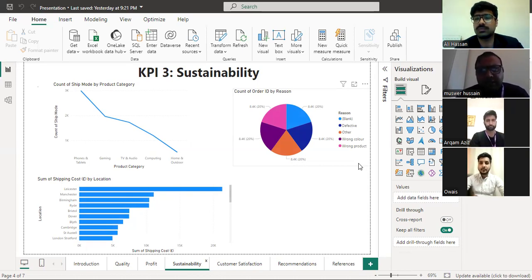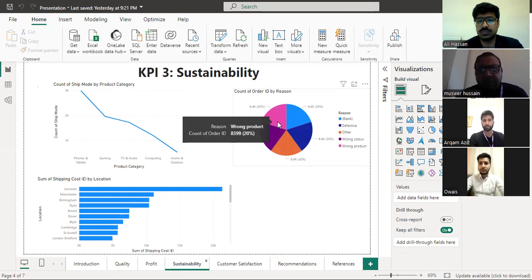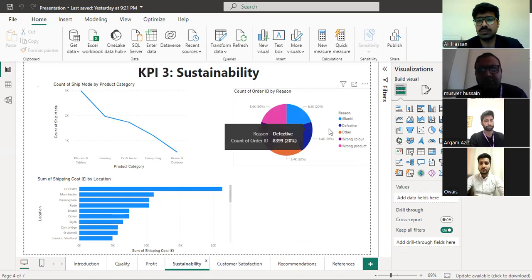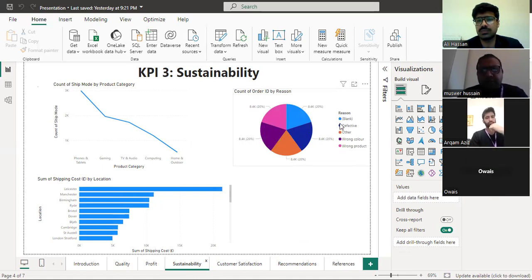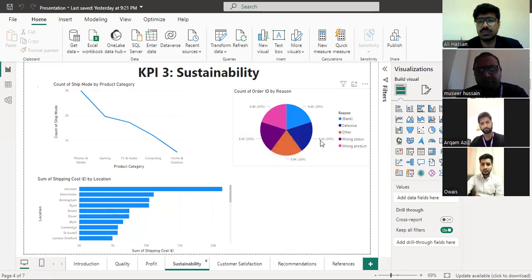In the second diagram, there is the count of order ID by reasons, shown in different colors. First is blank reasons, which is 8.4K, 20%. The second is defective, which also shows 8.4K, 20%.